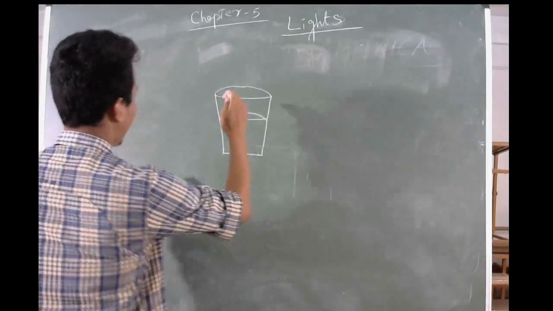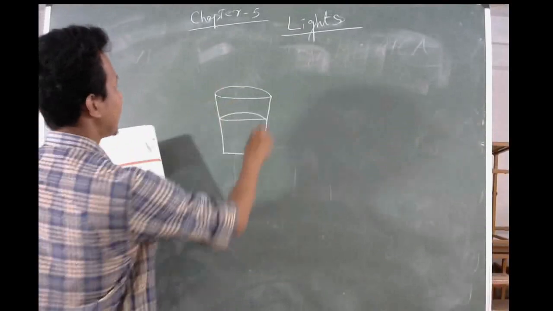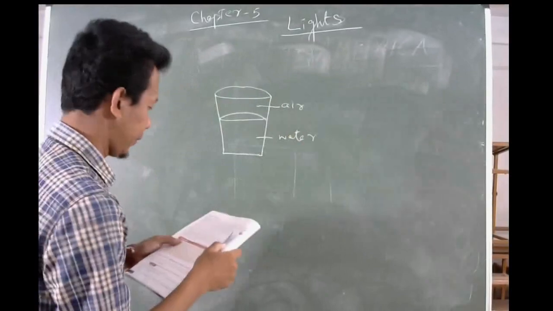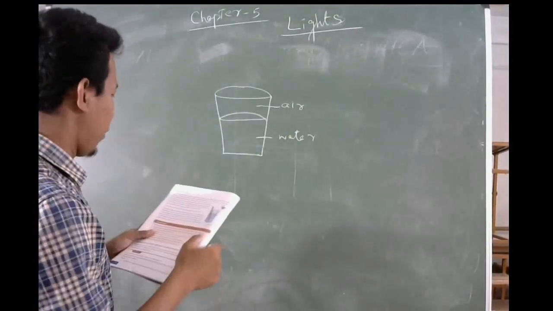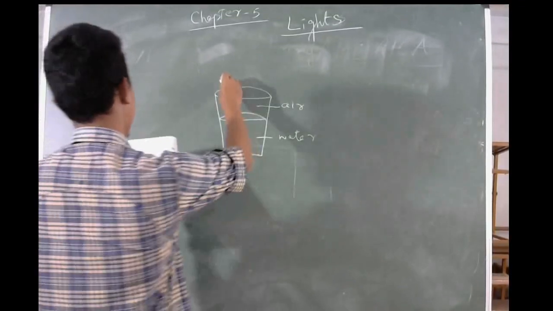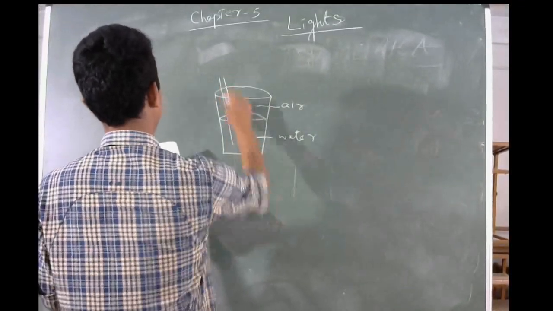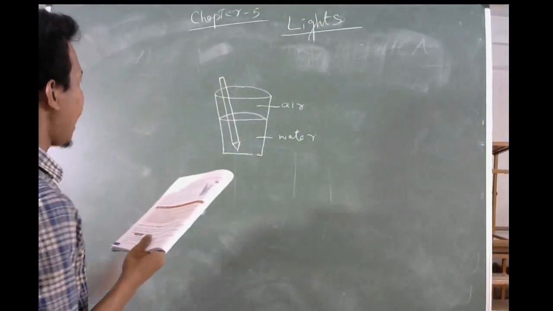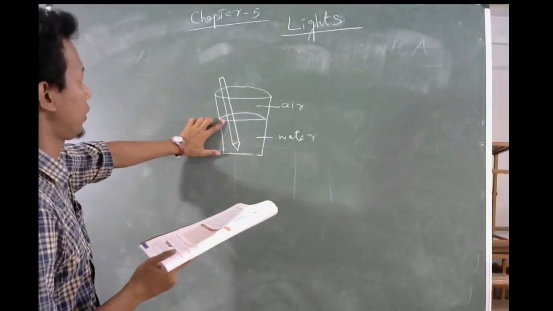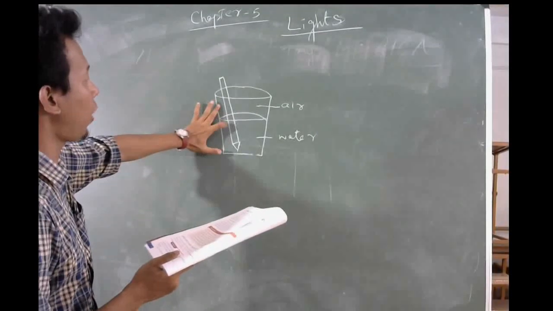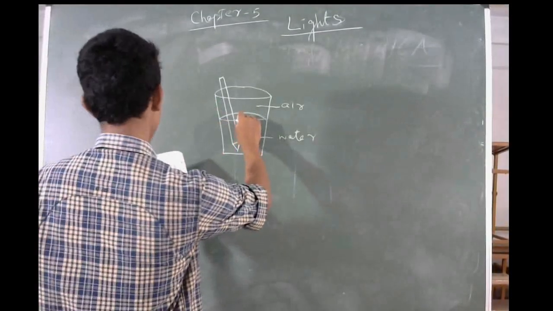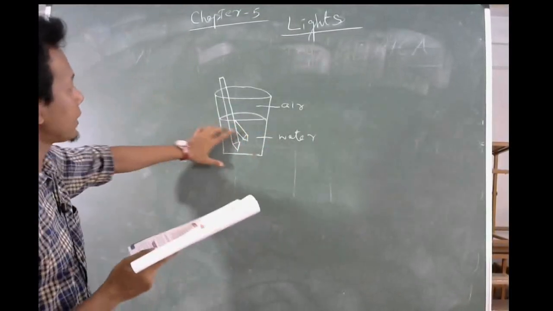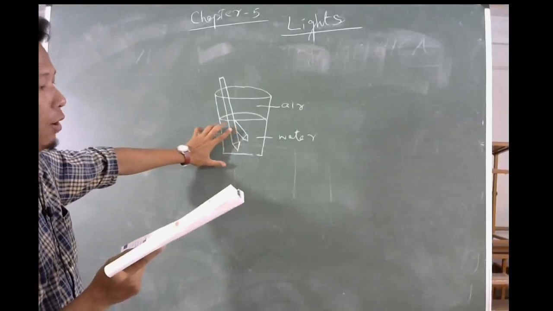So we'll put water in the glass, so we can see that this is air and this is water. Okay, so now we'll put the pencil in. As we put the pencil in the water, we can see at the boundary between the air and the water, the pencil gets bent. Okay, this effect is happening because of refraction.